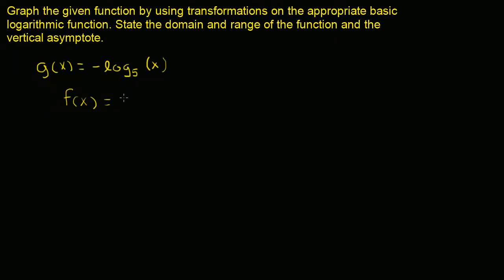So f, the basic logarithmic function, we'll define to be log base 5 of x. Okay, so why is it log base 5 of x? Well, the basic logarithmic function will have the same base as the function you're trying to graph, so the same base as g.